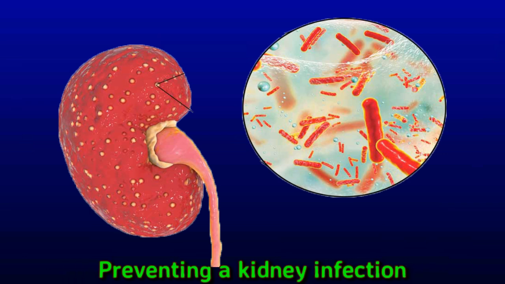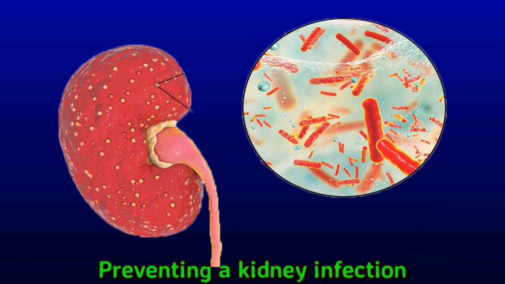This includes hydration. Drink plenty of fluids, particularly water. Urination. Urinate whenever there is an urge. Do not wait. Sexual intercourse. Urinate after sexual intercourse. Wash the genitals before and after intercourse.